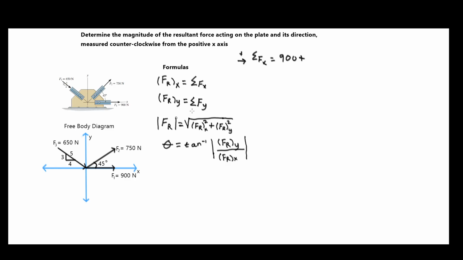And then we'll put our force, which is 750, and multiply that by cosine 45, since this angle is touching the x-axis, because we're finding the summation of everything on the x-axis. So it's the cosine of 45.